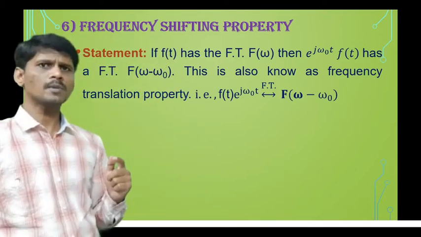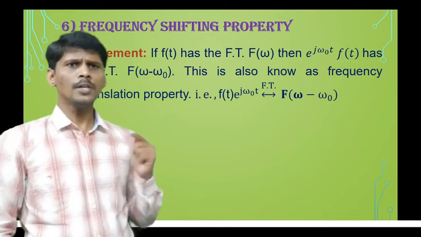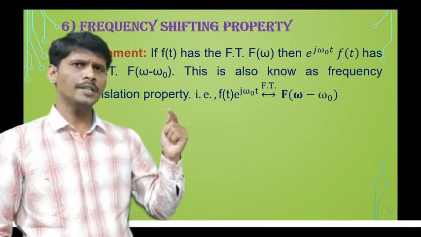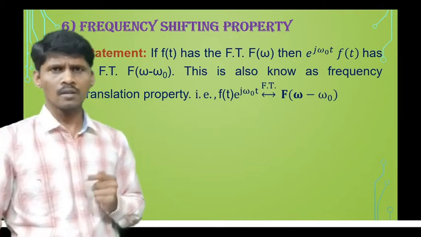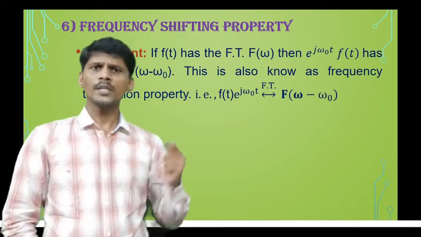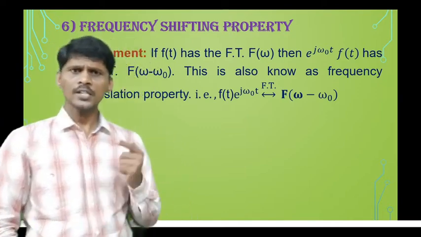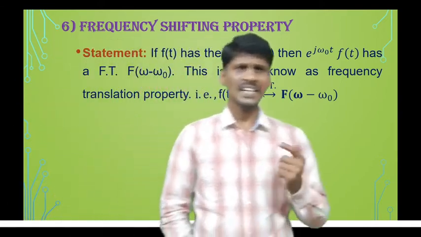If Fourier transform of f of t is F of omega, then Fourier transform of e power j omega naught t into f of t is F of omega minus omega naught. The frequency shifting property is also known as the frequency translation property. What is the translation amount? Omega naught is the translation amount.